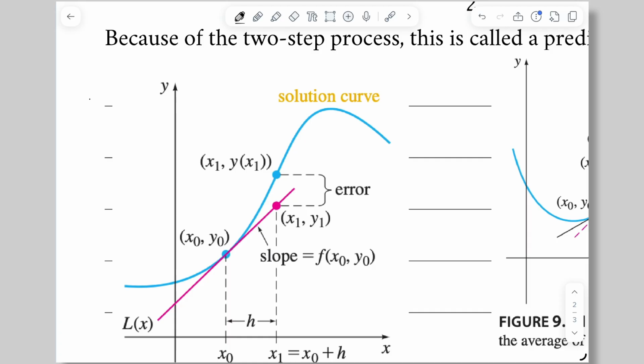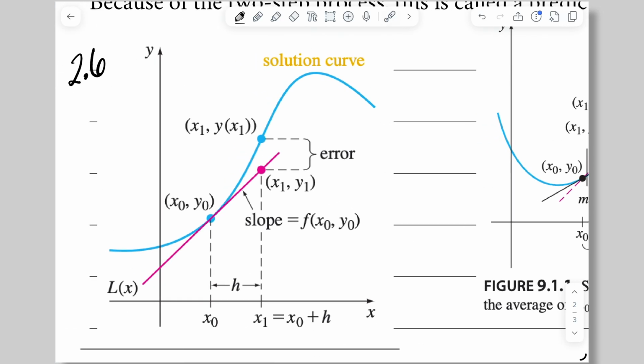The first one that I have here on the left was from a previous lesson, very early on in the course. And it's what I showed you just a few minutes ago. We have a point x naught, y naught on the solution curve. And then we use Euler's method to get x1, y1, a point on the tangent line.